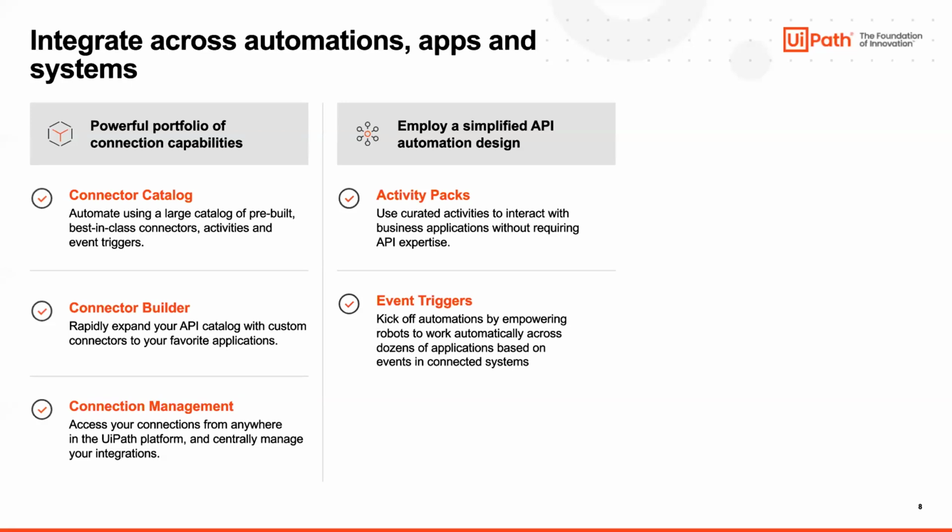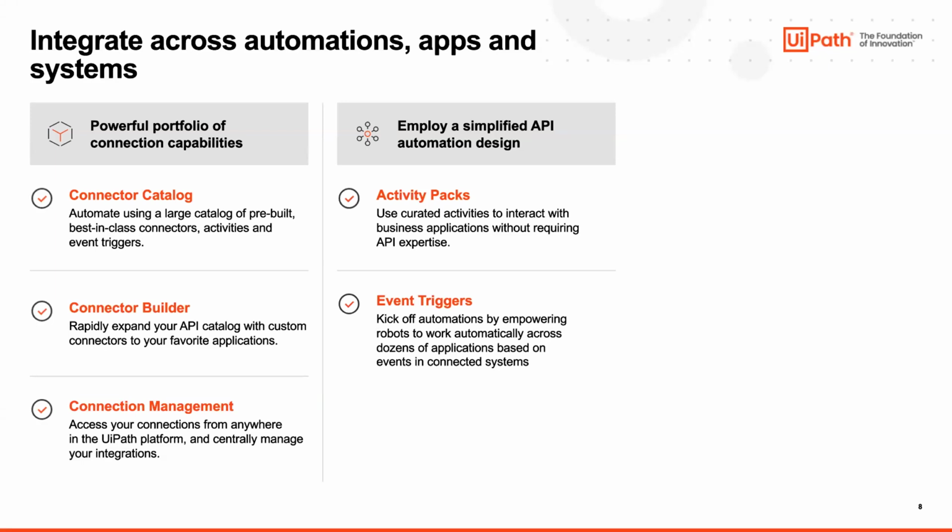And then we have event triggers. So in most of the cases, a downstream application in a workflow has to act on something based on a certain trigger in an upstream application.